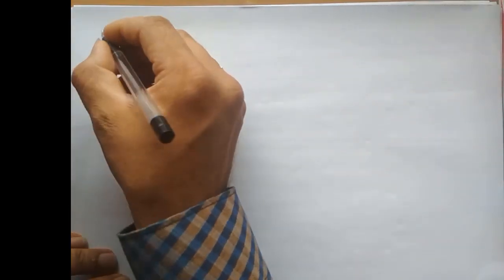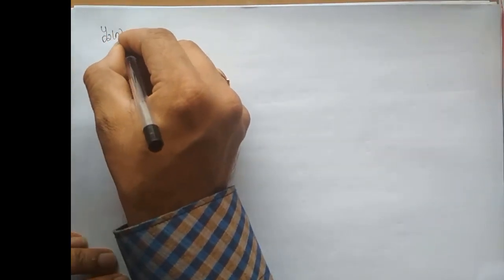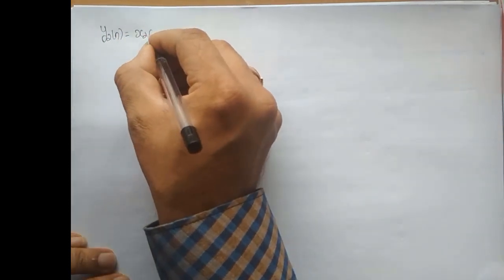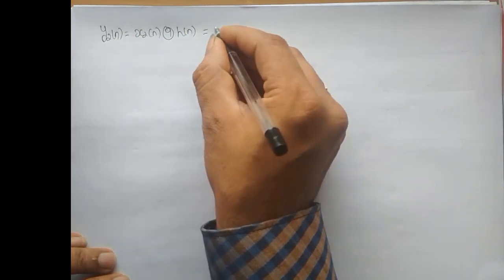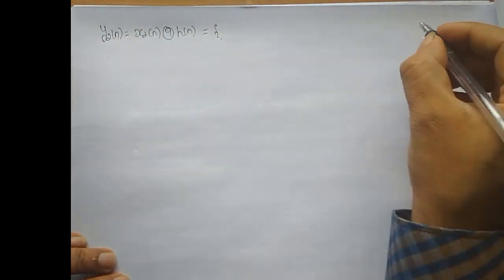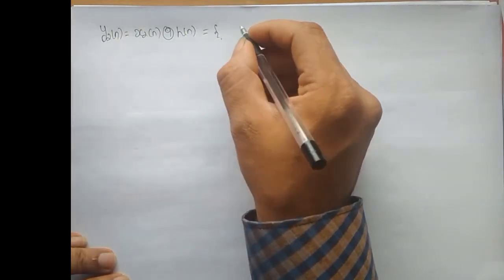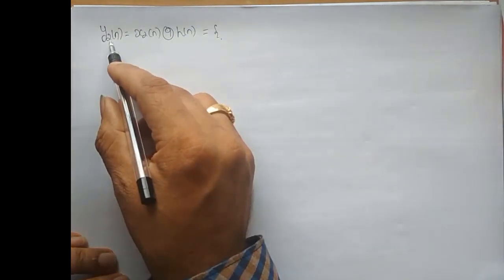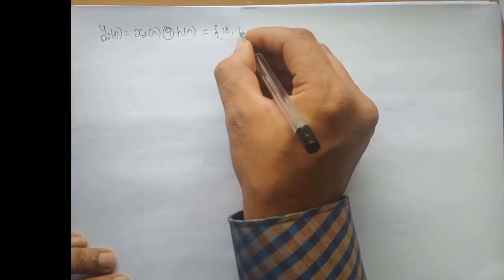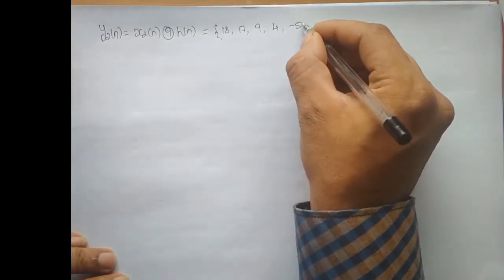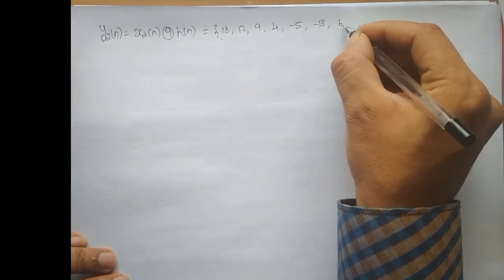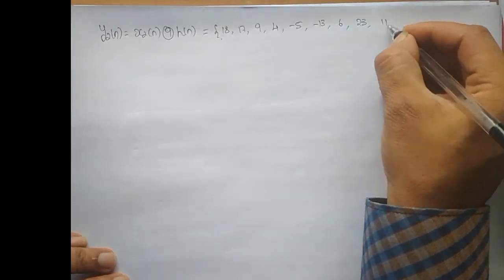Now y2 of n, which is equal to x2 of n 9-point circularly convolved with h of n. I'm not going to solve it. I'll directly give you the output y2 of n, which is 18, 17, 9, 4, minus 5, minus 13, 6, 23, 11.